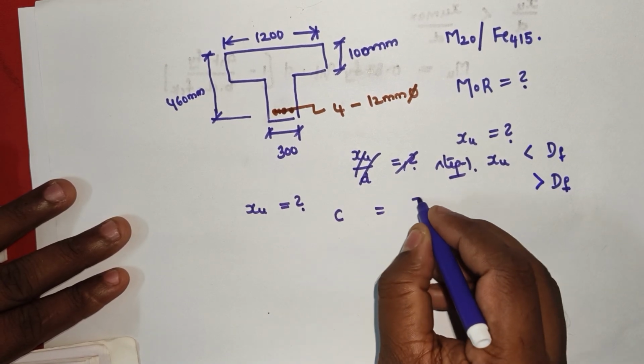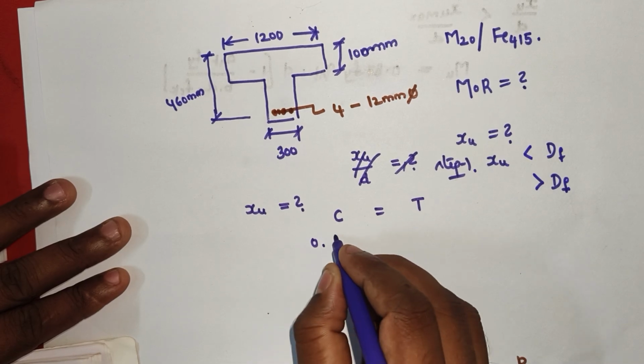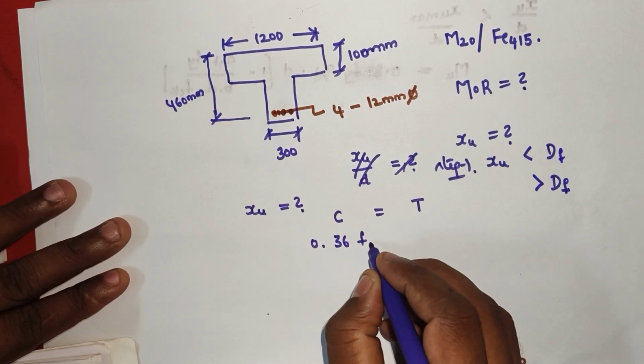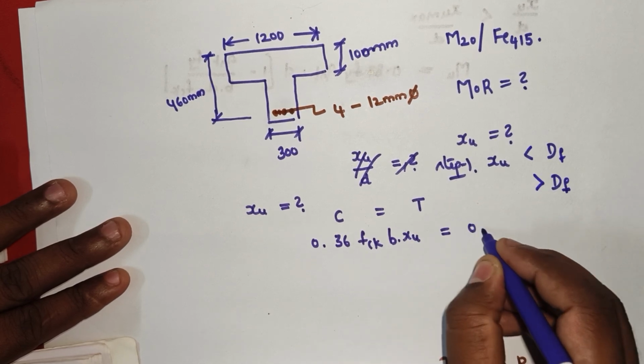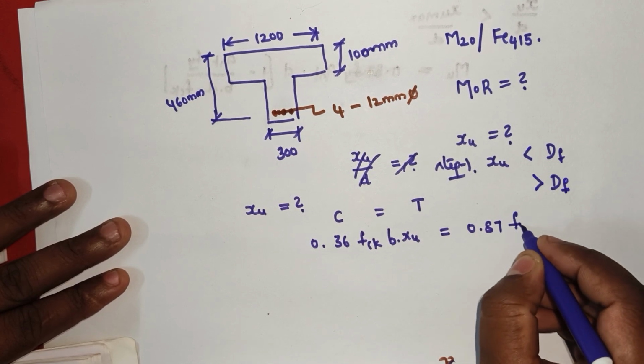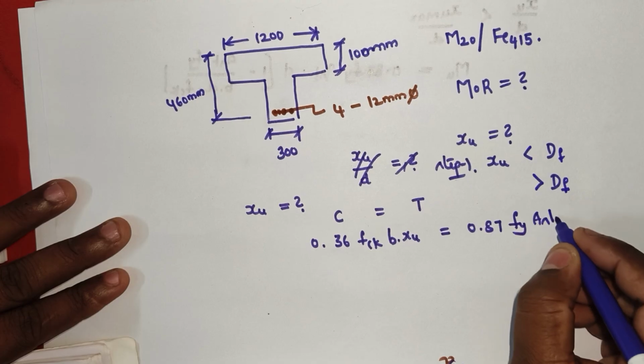C is equal to T. 0.36 fck b into xu is equal to 0.87 fy Ast.